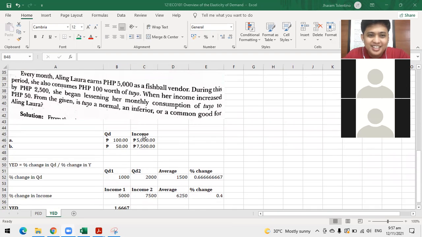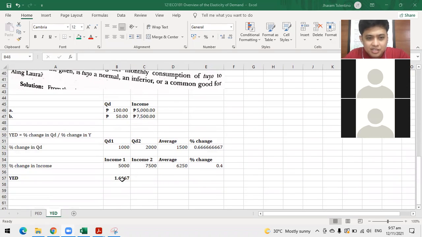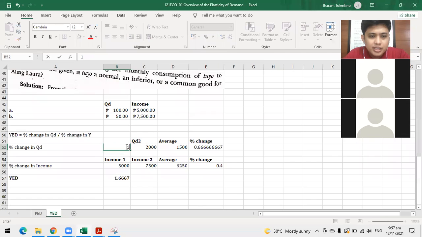Okay. So, ang pinalitan lang natin dito, it's the consumption from 100 to 50. So, automatic na yung computations natin.